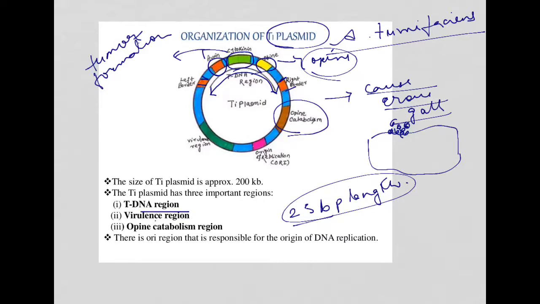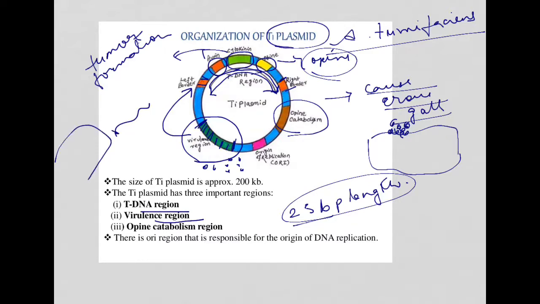Now comes the virulence region. In this region, many genes are present, which produce different proteins in cascades during infection. These proteins are responsible for cutting and transferring the T-DNA region in single stranded form, which is ultimately transported to the plant cell nucleus.